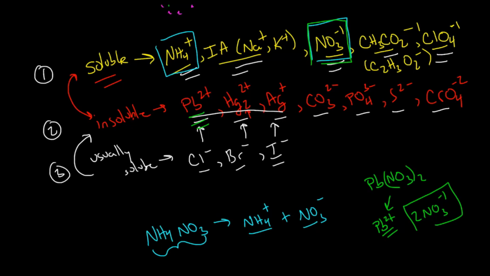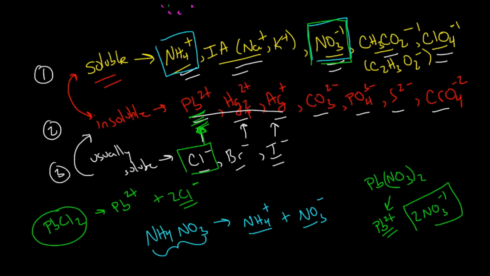Let's compare this with lead chloride. So lead, we've established already, is present in our insoluble list, and we have two chlorides here. So the chlorides are usually soluble, but if it's partnered with lead, then that means it's going to be insoluble.